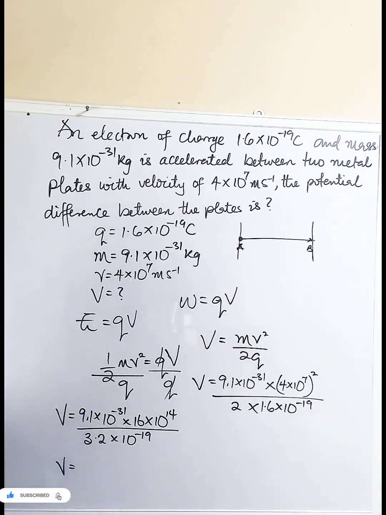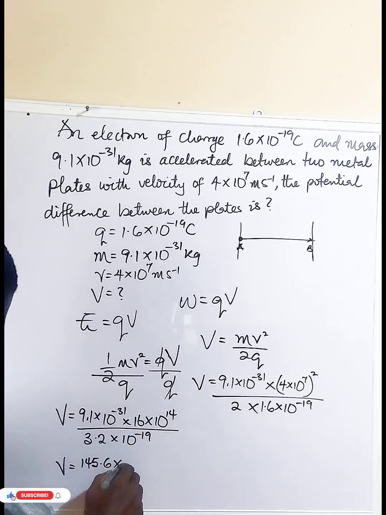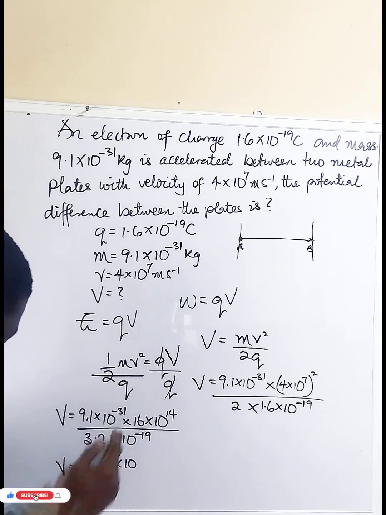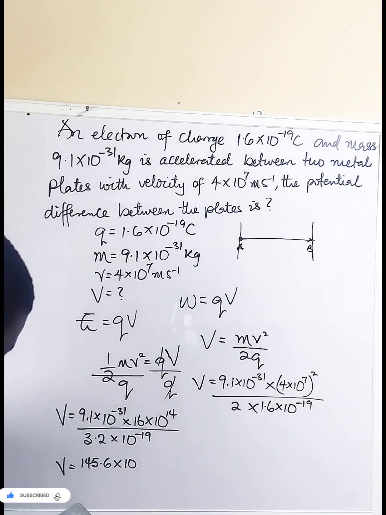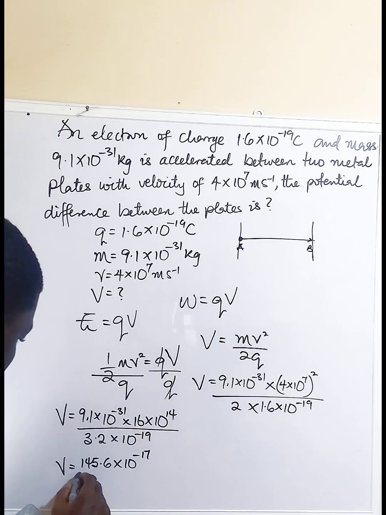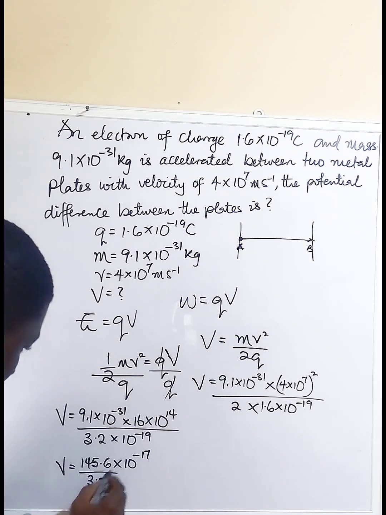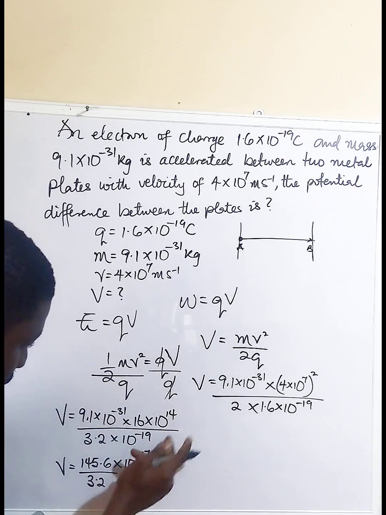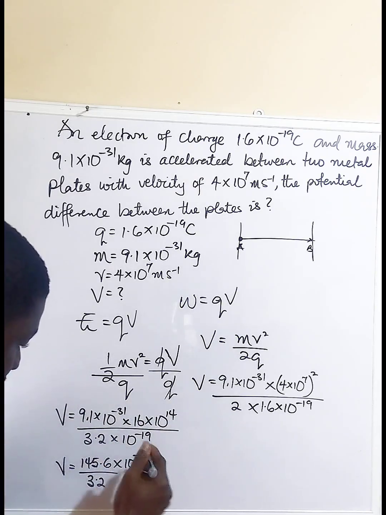9.1 times 16 gives us 145.6, then times 10 to the power of minus 31 plus 14, which gives us minus 17. Then all over 3.2 times 10 to the power of minus 19. Bringing it over to the numerator, the minus 19 becomes plus.